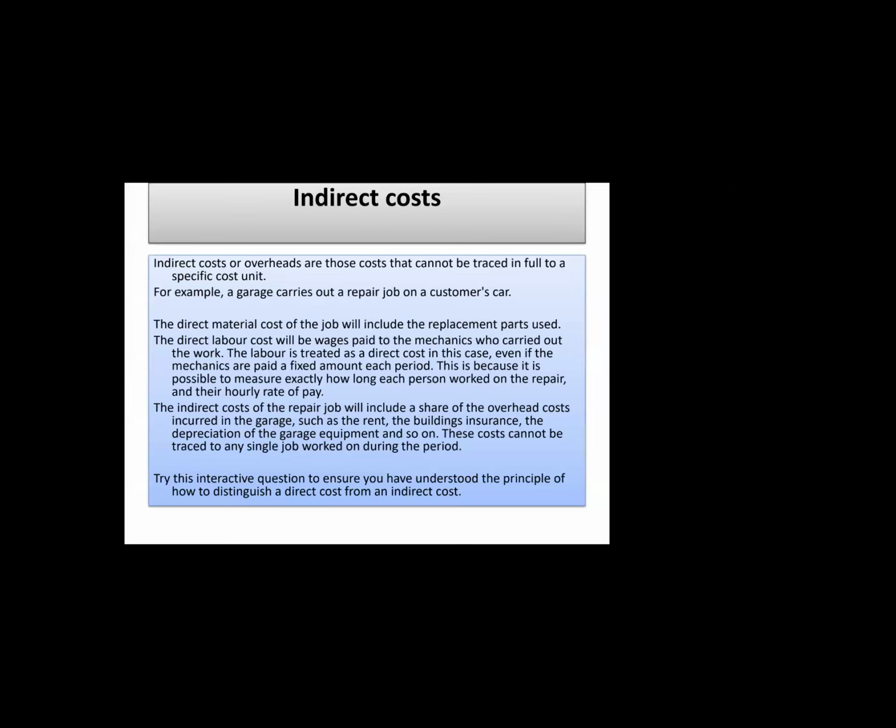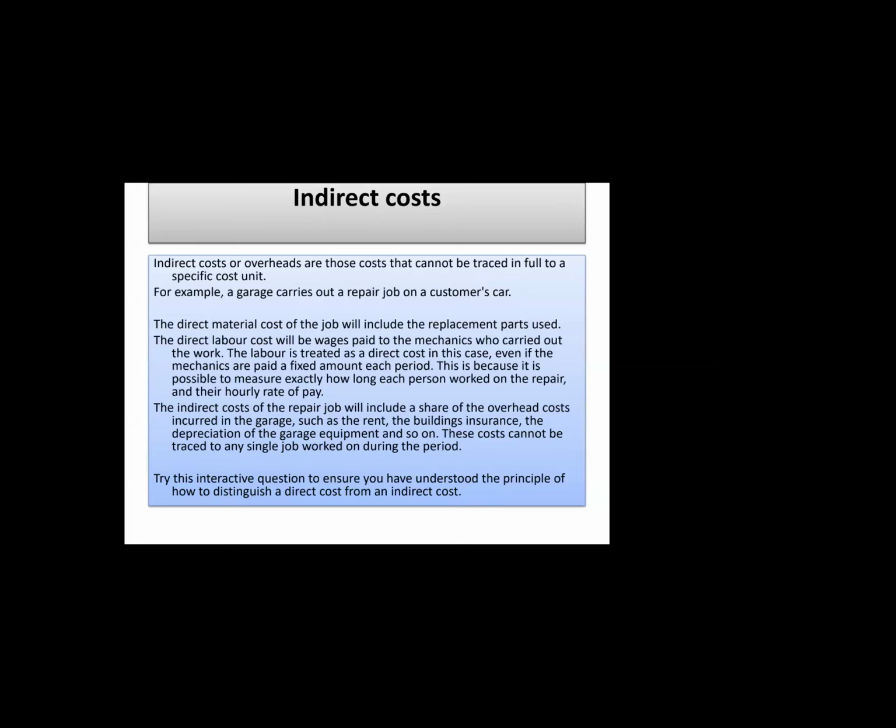Indirect cost, also known as overhead. Generally, overhead is known as indirect cost; these are those costs that cannot be traced in full to a specific cost unit. We never can trace indirect cost or overhead to the specific cost unit.